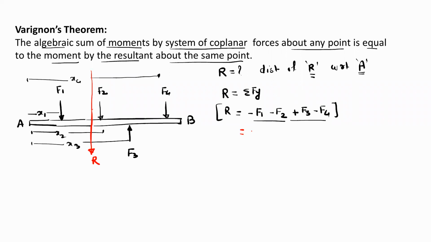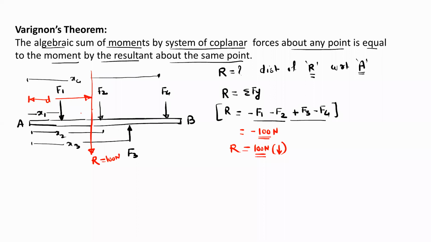Let us take this R value as minus, suppose it is 100 Newton. This minus 100 Newton means that R is equal to 100 Newton in the downward direction. So this is R, which is equal to 100 Newton. We don't know the exact location, so we assume the resultant is at distance D with respect to point A.